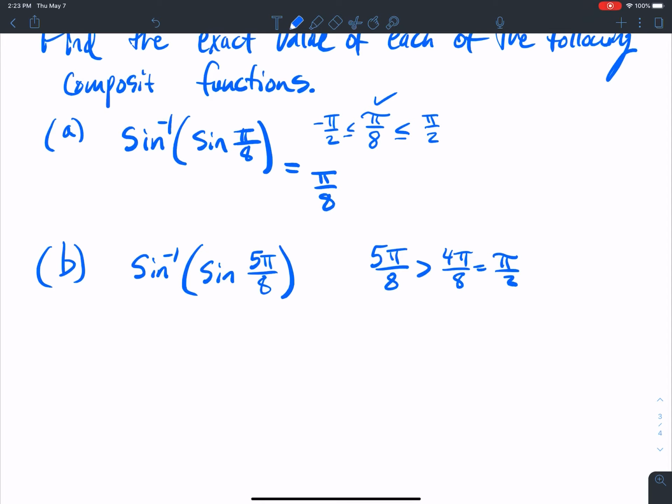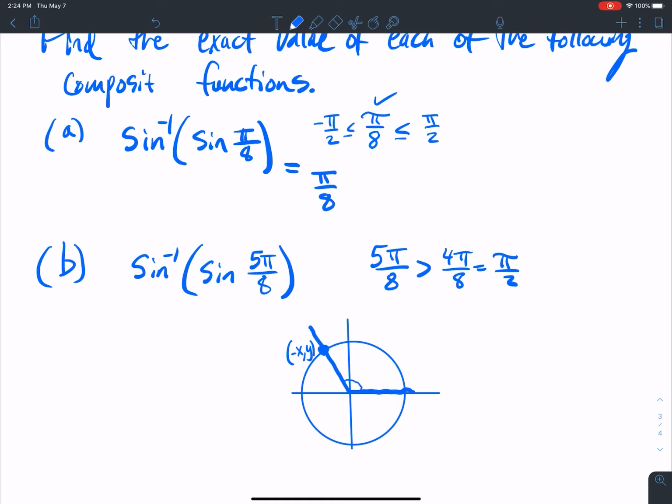Let's think about reference angles. This is greater than pi over 2, so we're somewhere like I take my side, and I rotate over here. This gets me some negative x value and then a y value.